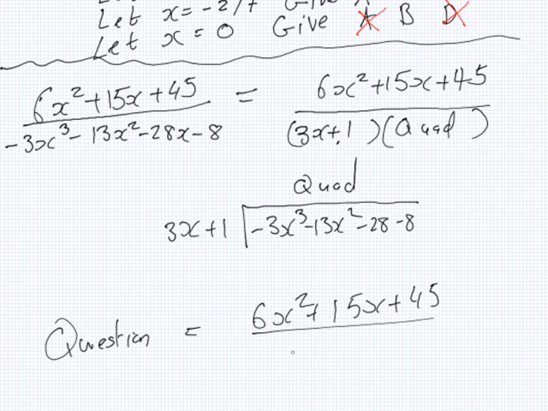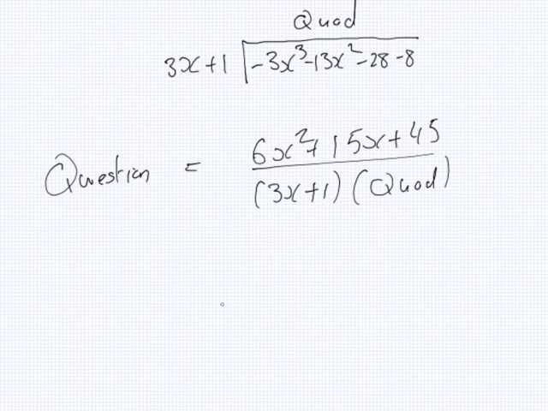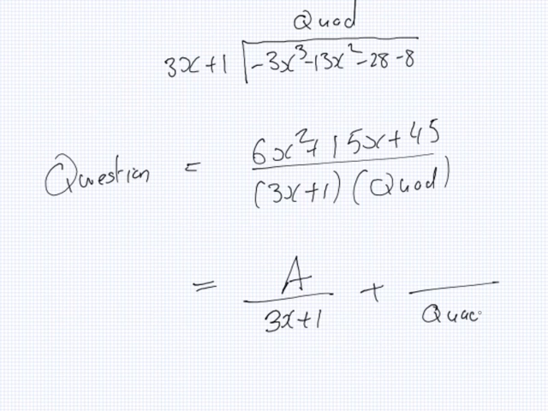So your question will have a root here, a linear and a quadratic. So, how many fractions will this be? Only 2. Yes. The first one will be 3x plus 1, and what will be up here? Constant. This here will be the quadratic. How many coefficients are in the quadratic? 3.